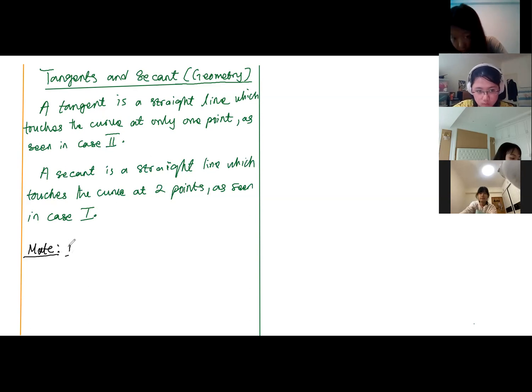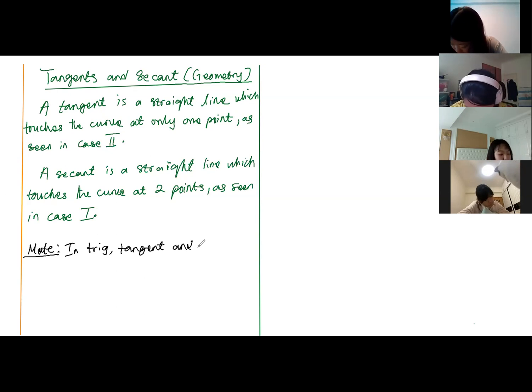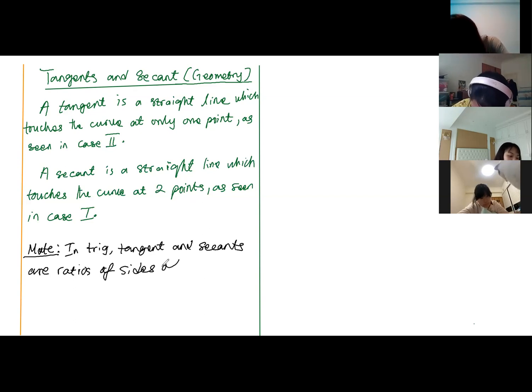Note, in trig, tangents and secants are ratios of sides of a right angle triangle.